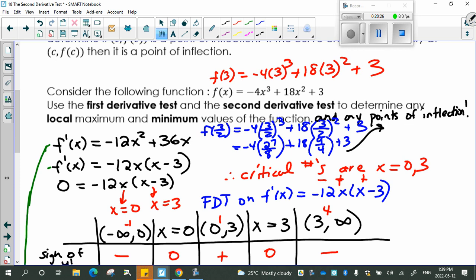We go over here. So negative 4 times 27 is negative 108 over 8 plus 162 over 4 plus 3, common denominator of 8.